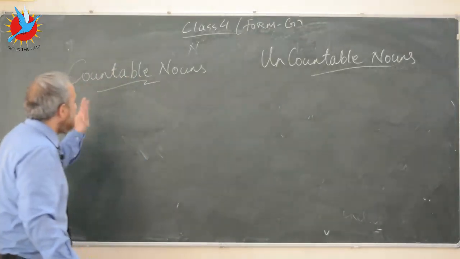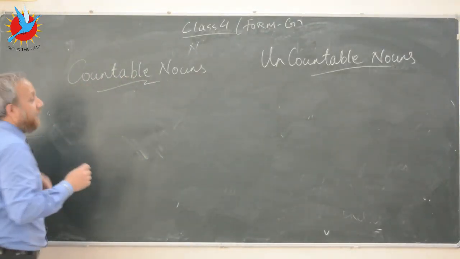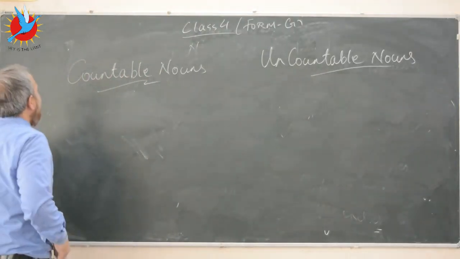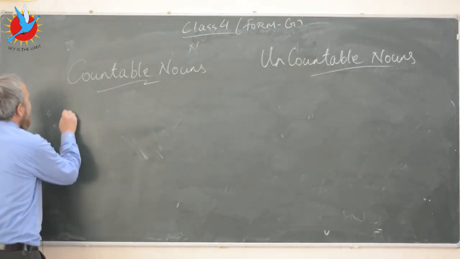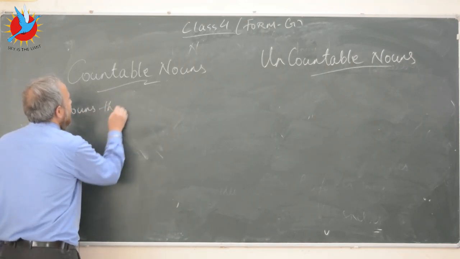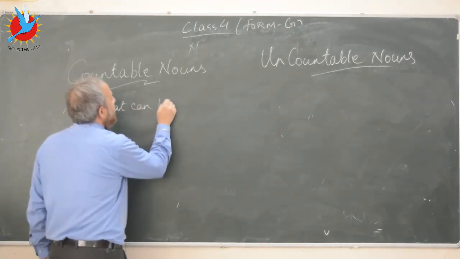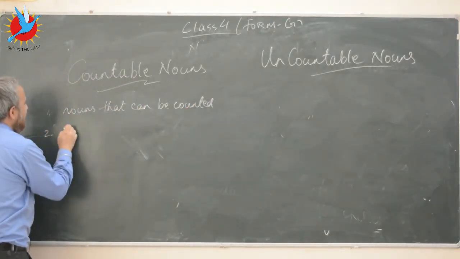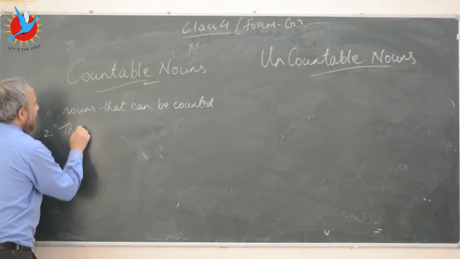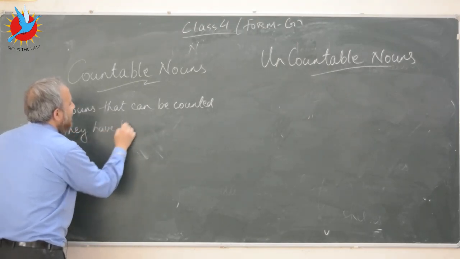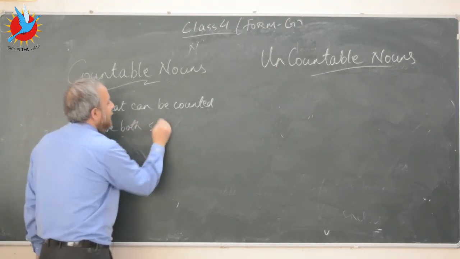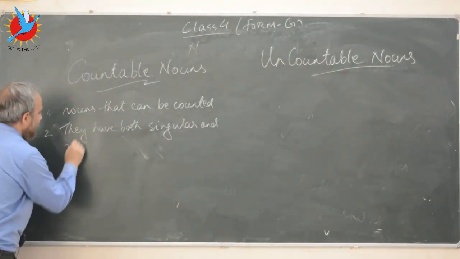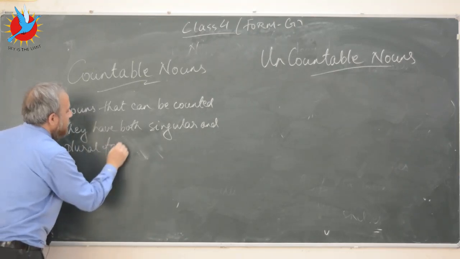For countable nouns, remember a few points. The first thing I want you to remember is that these are nouns that can be counted, and they have both singular and plural forms.